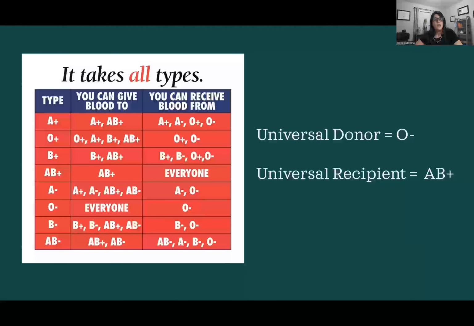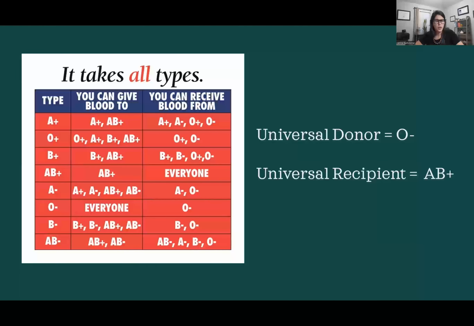Some other important things to know are that different blood types can receive from or donate to other ones, but the universal donor is type O negative. And the universal recipient, who can receive from anyone, is AB positive, okay?